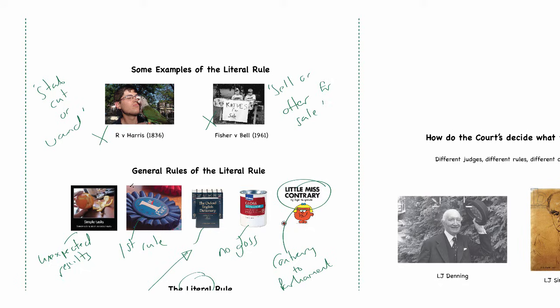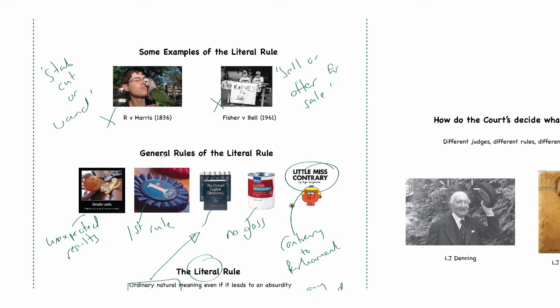It's the judiciary's job to interpret the law. So the literal rule gives you a good example of where judges are demonstrating very clearly that this is Parliament's intention and it's up to Parliament to make the changes, not us, because that's what happens in a democratic society. Parliament changes the law and makes the law, judges just interpret it. Now, not all members of the judiciary subscribe to this, and we'll see that as we work through the different rules. So that's the literal rule.